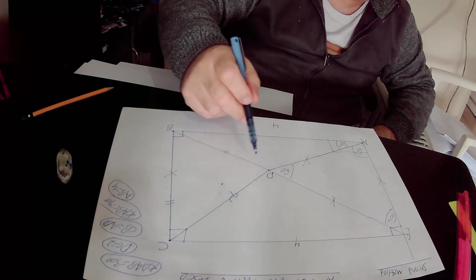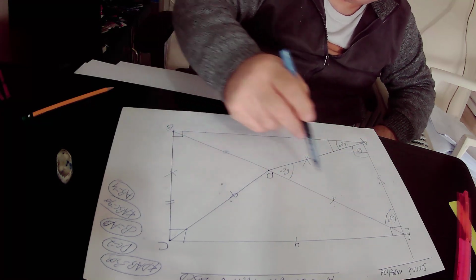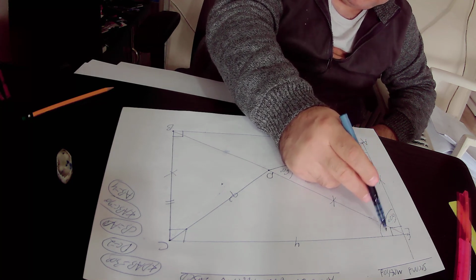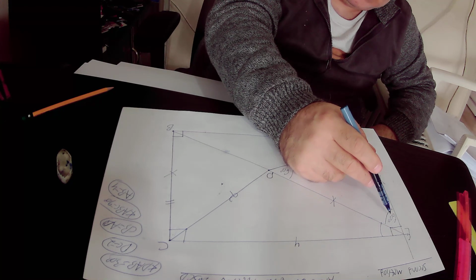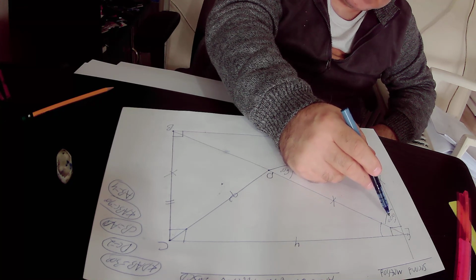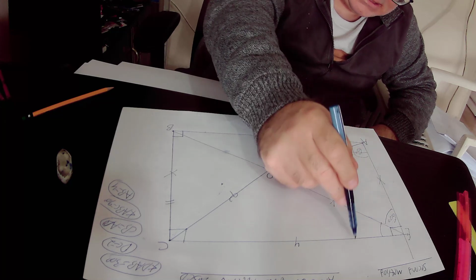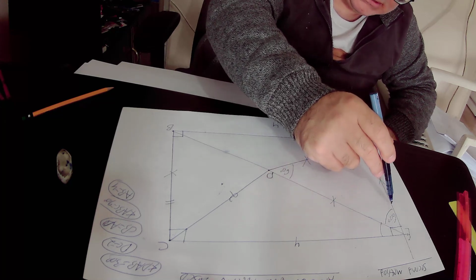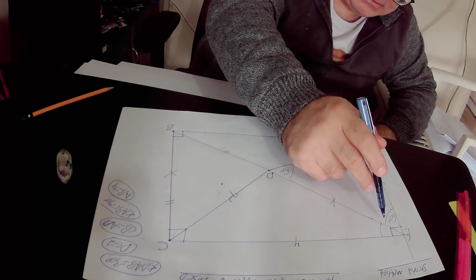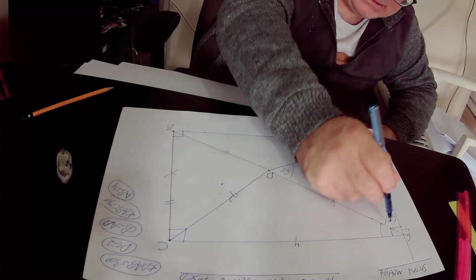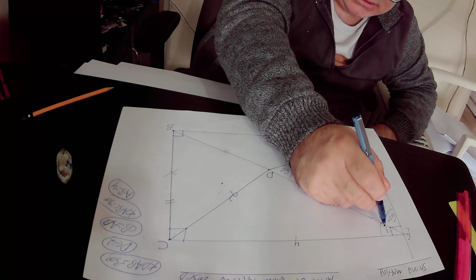So actually here, we know that ED equals x, this angle equals 60 degrees, and this angle also equals 60 degrees. What is the size of angle CED? Angle CED will be equal to 90 degrees minus this angle that is 60 degrees. 90 degrees, this is the size of this angle, minus 60 degrees, this is the size of this angle, must be equal to angle DEC, that is to say angle DEC equals 30 degrees.